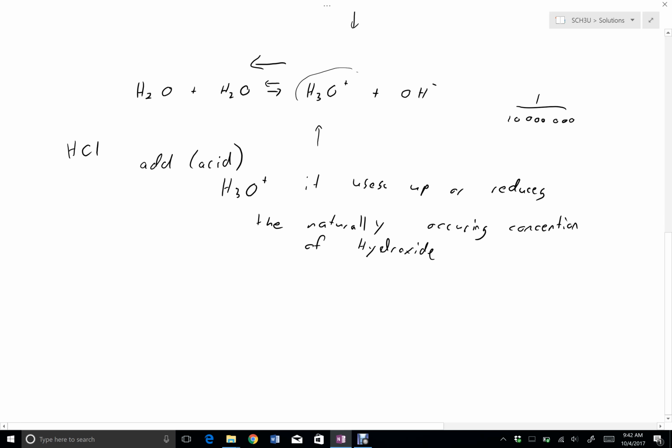Alternatively, if I do something like add a base, like sodium hydroxide, the OH- that's added uses up the hydronium that would have existed naturally in that water.